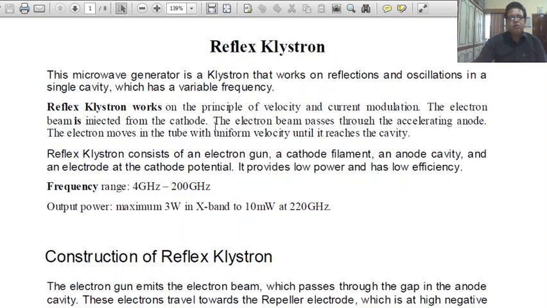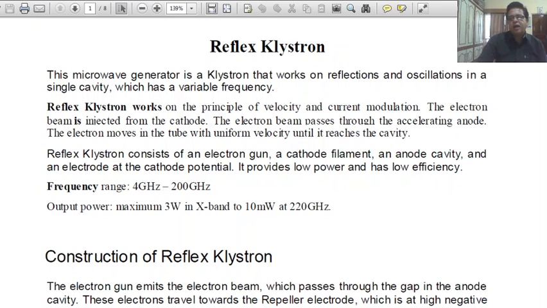Now come to here. The electron beam is injected from the cathode. The electron beam passes through the accelerating anode. Point to be noted that the electron beam passes through the accelerating anode.